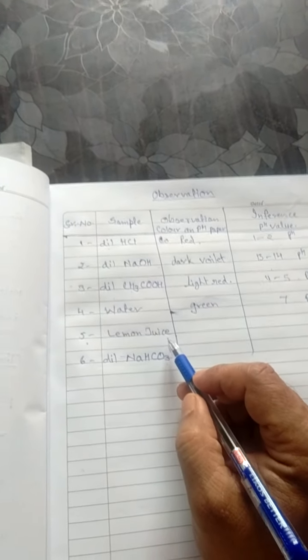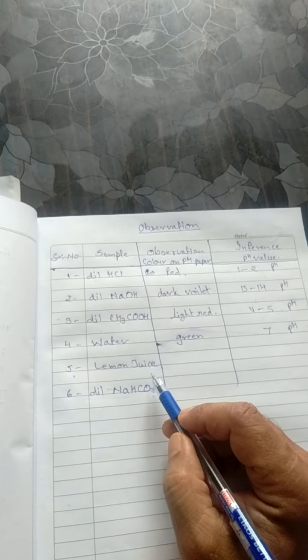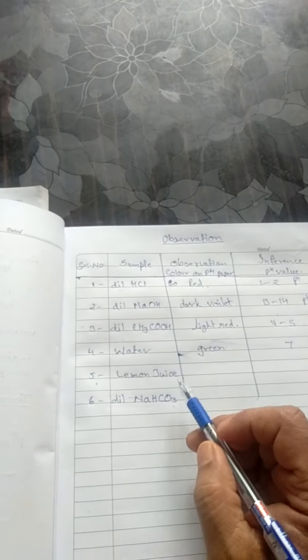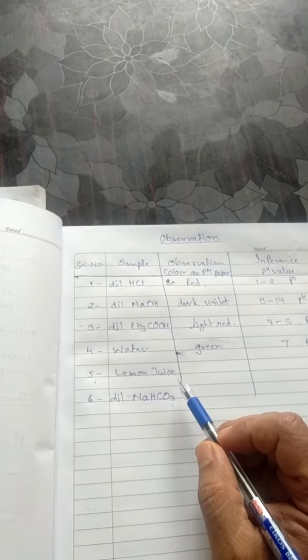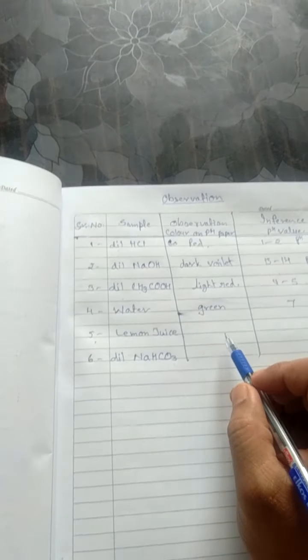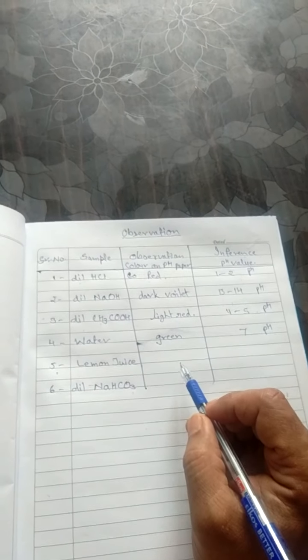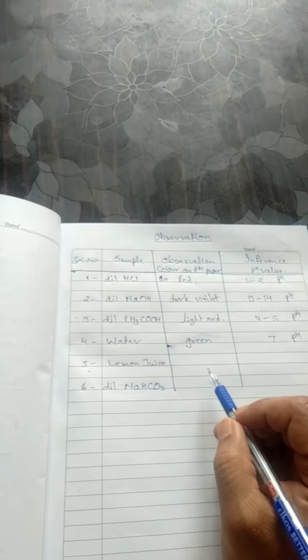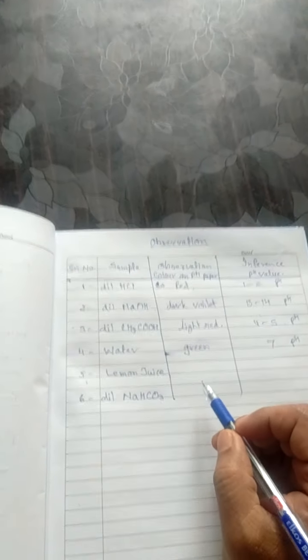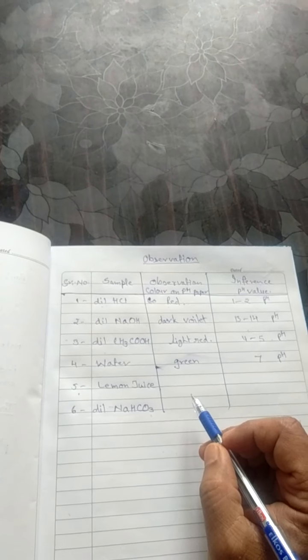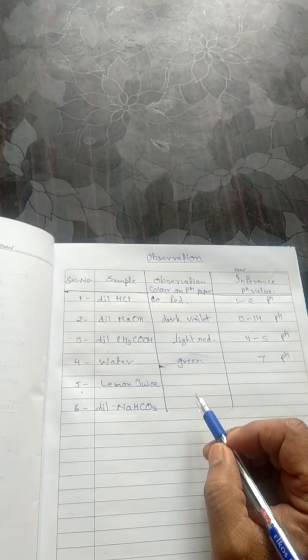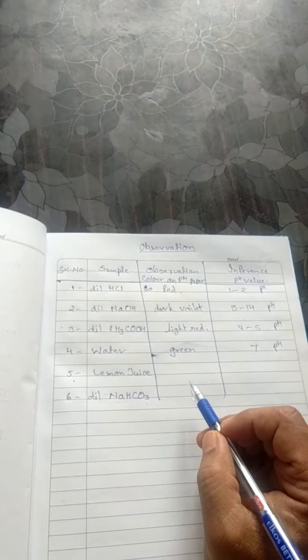Lemon juice. All of you have many times tasted lemon juice. What is the taste? The taste is sour. The lemon juice is sour in taste, that's why it is acidic in nature. All acids are sour in taste. This is a basic character of acids, and lemon juice contains a type of acid known as citric acid.